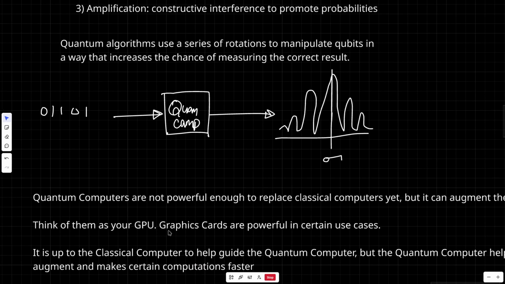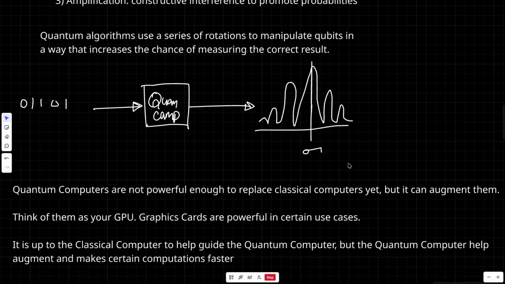For it to be useful, it must interact with a classical computer. It must be in a quantum classical hybrid architecture, where a classical computer helps guide a quantum computer to do all of the tasks it needs. So it does the task prioritization, and it helps interpret the probability produced by this quantum computer.